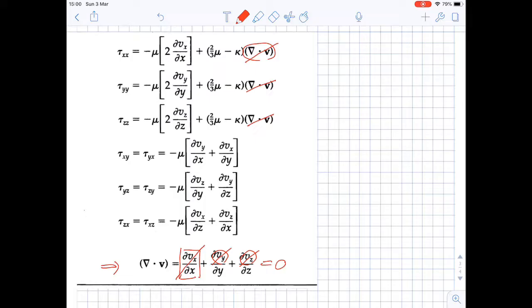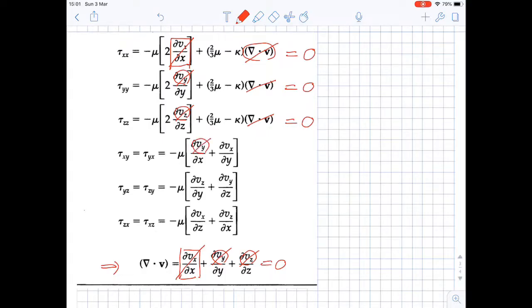So we don't have to worry about viscosity in these three terms. For each shear stress, Vx is not a function of x, so the first term here is supposed to be dropped, leading to 0 for tau xx. Vy is 0, so tau yy is 0 as well. Vz is 0, tau zz is 0.